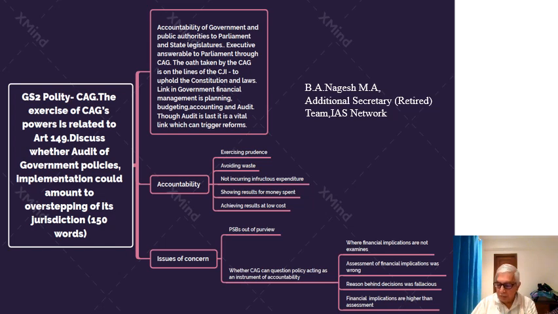The third one: the reason behind the decisions was fallacious. Now, you have taken a decision to implement a policy, some program. Now, you know very well that the program cannot be implemented, so it is a fallacious decision. So whether you can incur expenditure on such a fallacious project.